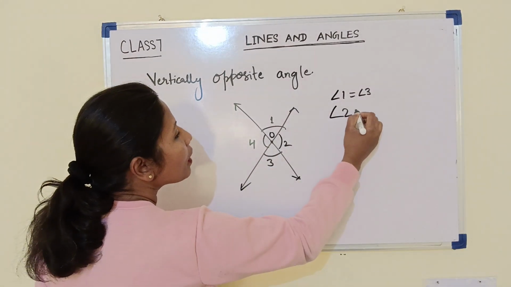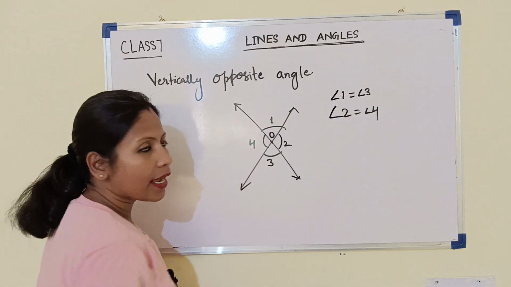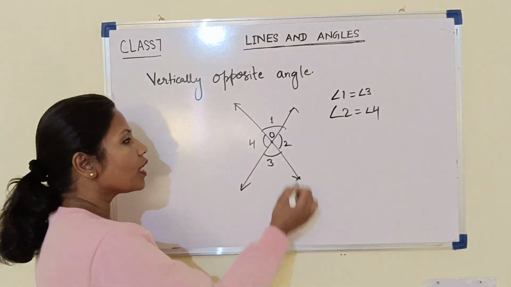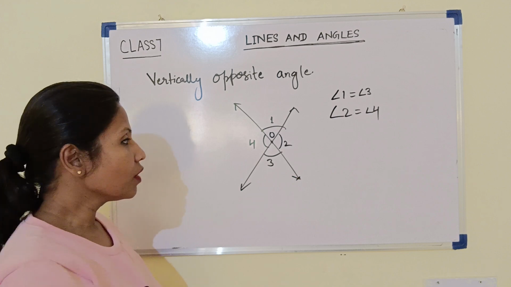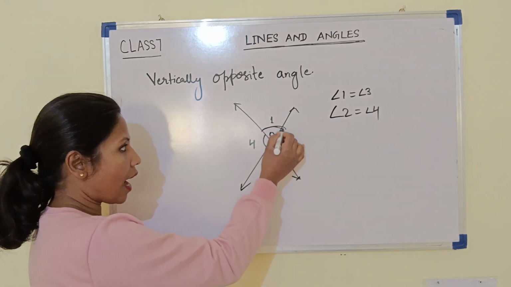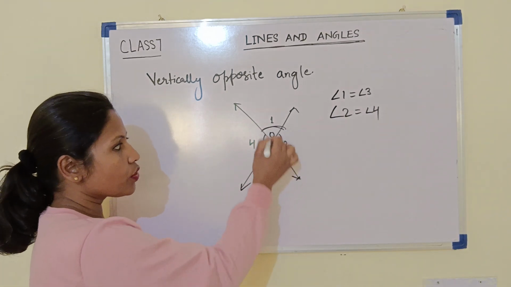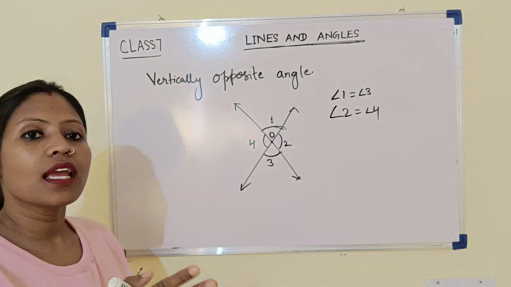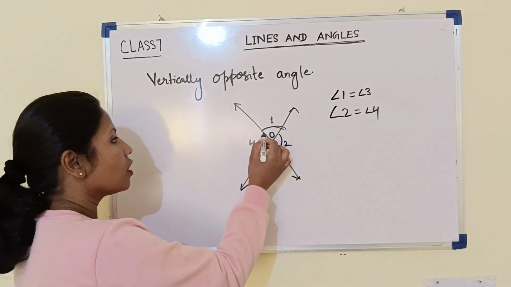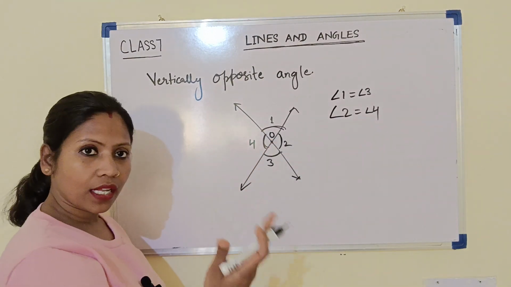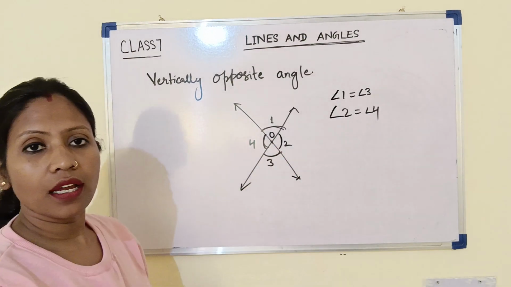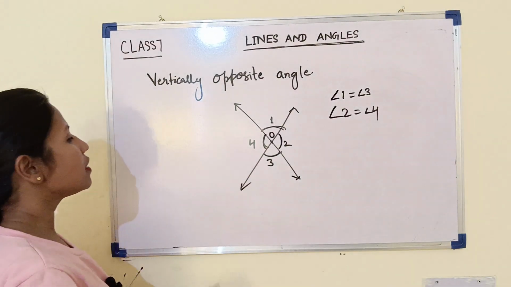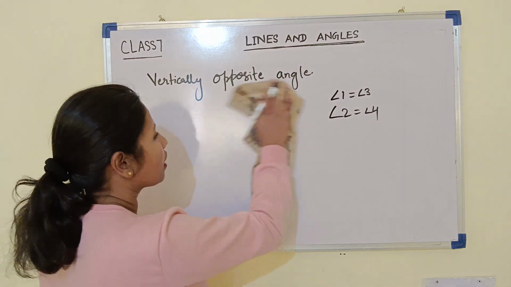Angle 2 will be vertically opposite to angle 4 and these two will be equal. So two lines if intersect each other, then the angles opposite to each other are called vertically opposite angles and they are equal. Like example. Okay. So you have to remember this. This is vertically opposite angle.